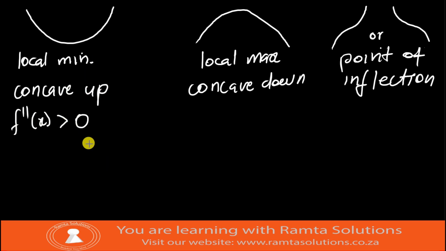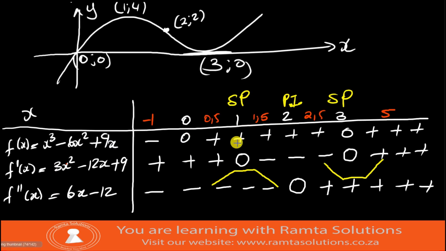So if your stationary points, when you substitute the x value of your stationary point into your second derivative, you get a positive value, that point is a minimum. It is smiling. So if when you substitute it into your second derivative equation you get a negative, it is a maximum. It is frowning.